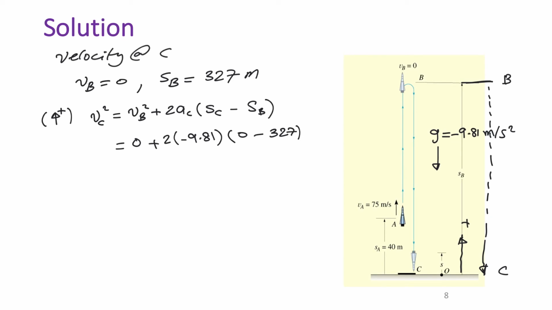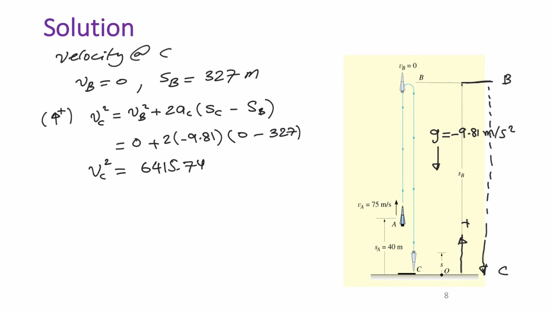If you do this multiplication, you have a negative here and a negative here, so what you are going to get is a positive number, 6,415.74, which equals VC square.